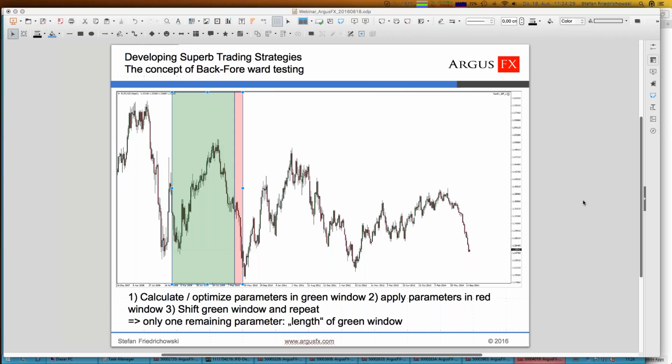In a sense, you know exactly what would have happened if you would have applied the same logic, the same rules already in the past, but in a different manner than just doing a back test in the history and then going live with that trading strategy tomorrow.